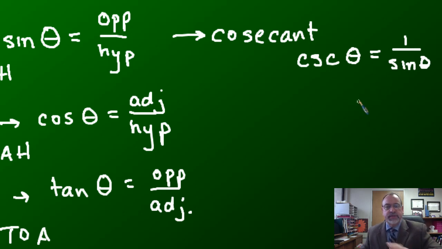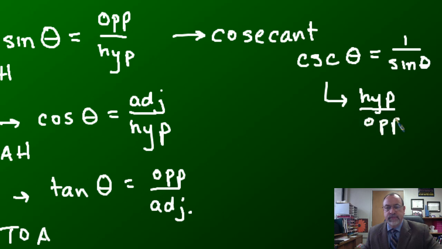So the cosecant is 1 over the sine. And what that does is the ratio then is the reciprocal of this ratio. So the cosecant ratio would be the hypotenuse over the opposite, because they're reciprocal functions.